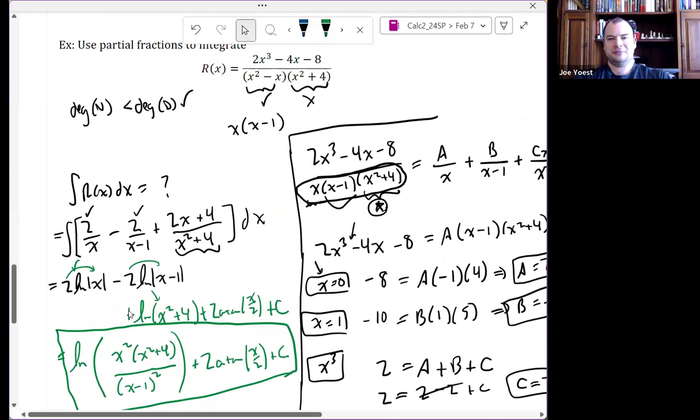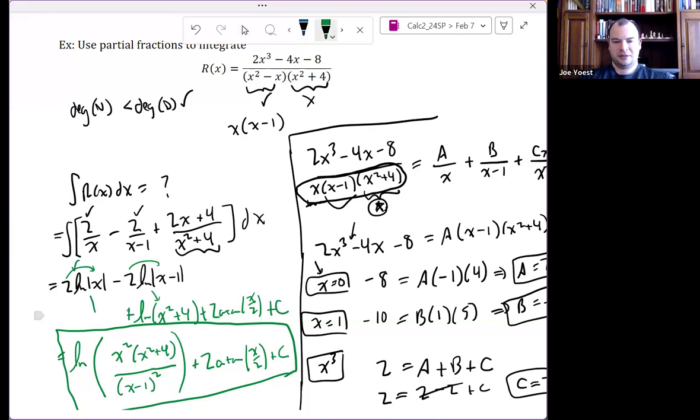Something that I ask myself, and this is very heuristic, this isn't some theorem or something like that. But when I get an answer like this, I ask myself, does this make sense? I see things like log x is the type of thing that I get out of this integral.